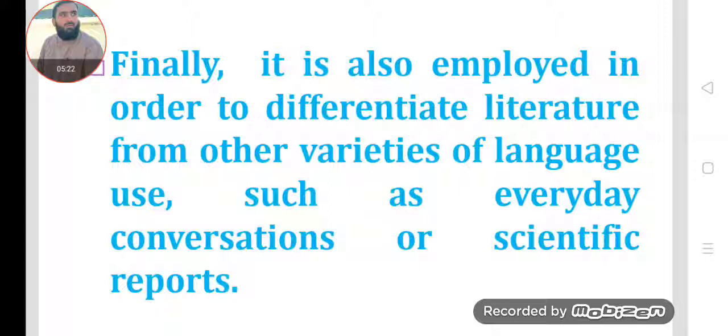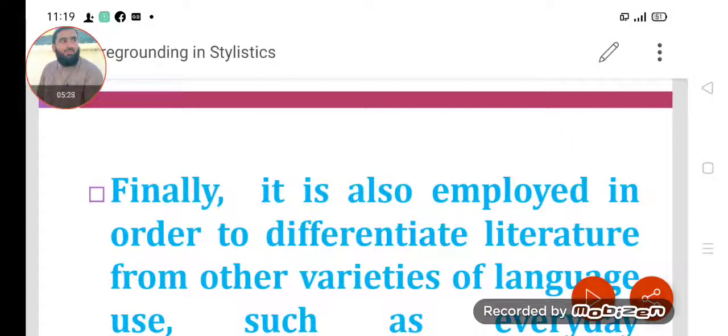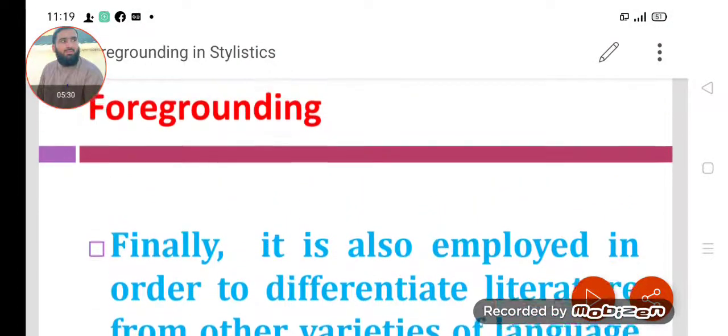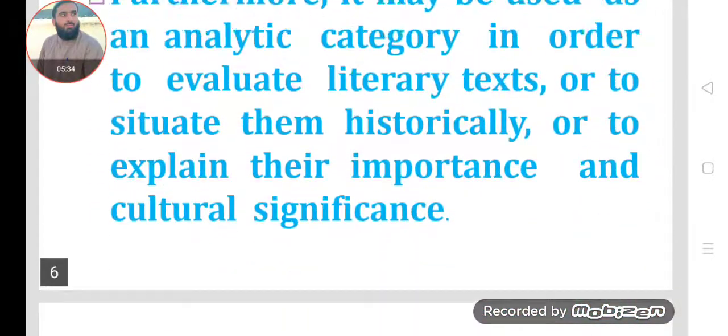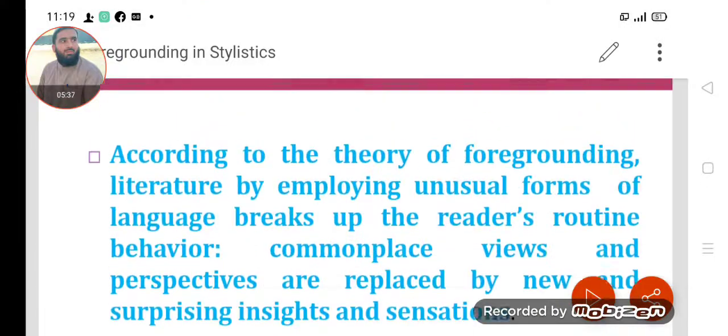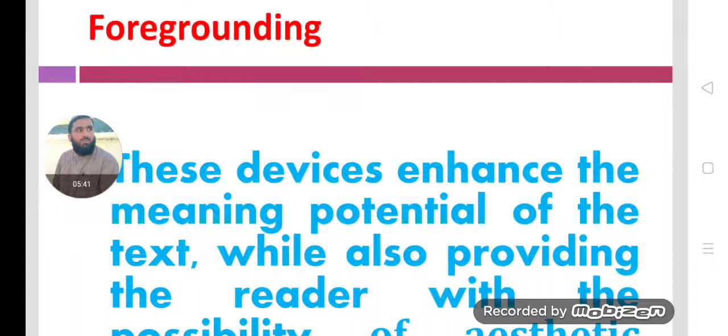So the term foregrounding is very wide in nature and meaning. It covers many concepts, but basically foregrounding is not background. Foregrounding is the opposite of background. When we want to give focus to something, we can bring that thing to the front through the foregrounding technique.